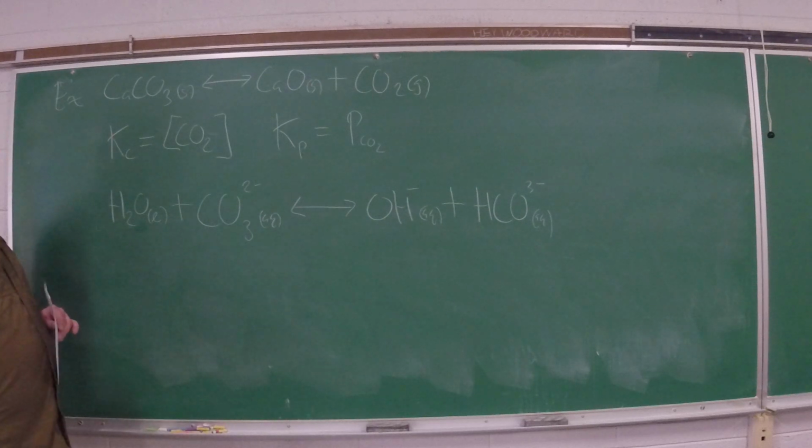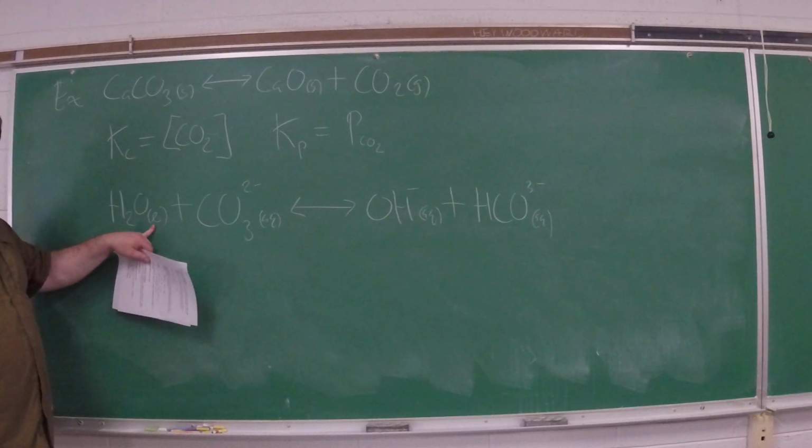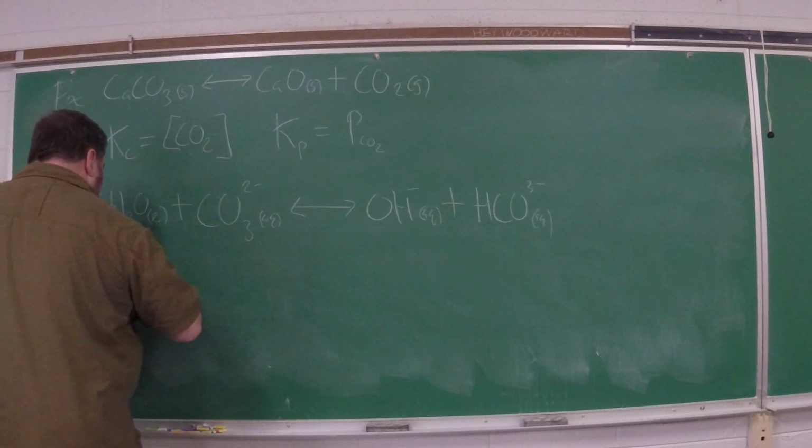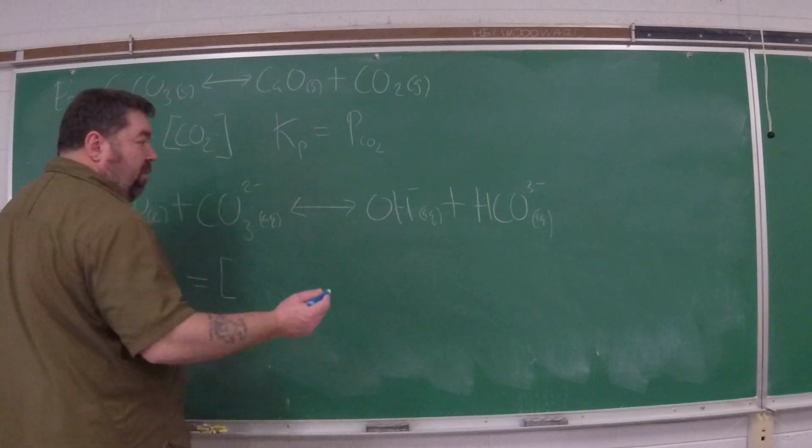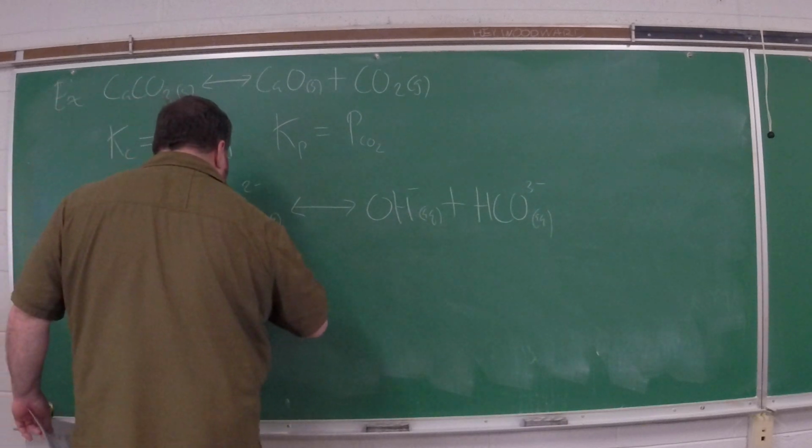Let's write the equilibrium expression for this. Notice here we have a liquid, so it will not appear in the expression, okay? So we're going to have Kc, products over reactants, raised to stoichiometric coefficients.